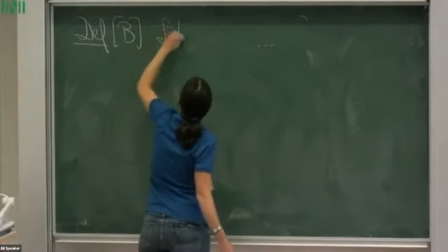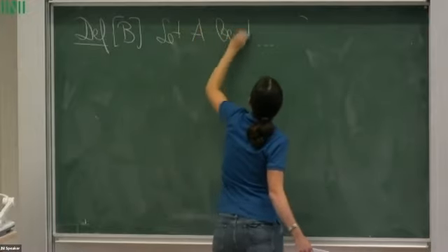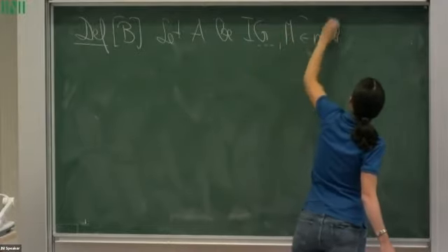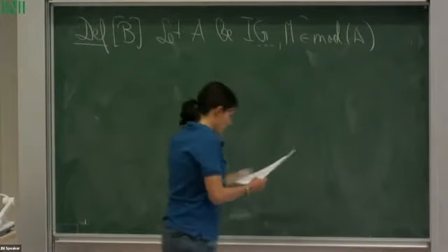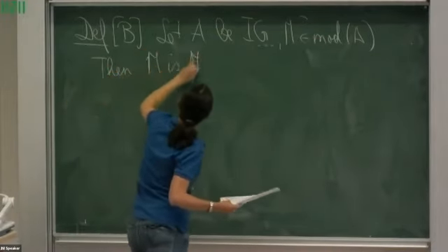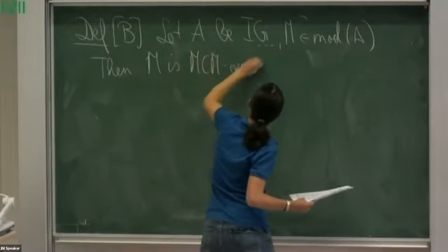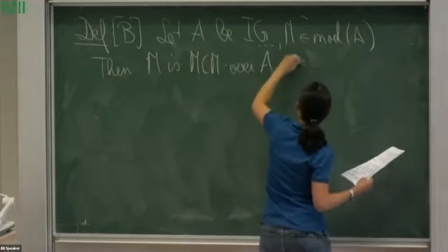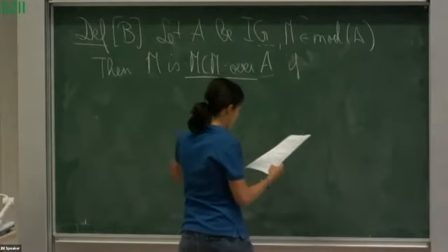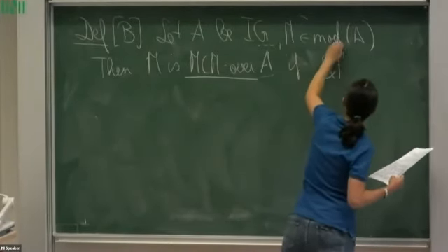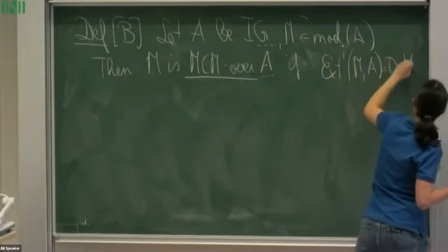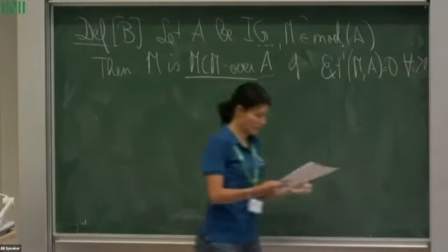Namely, if we have A Iwanaga Gorenstein and M a finitely generated A module, then M is MCM over A by definition if Ext^i(M, A) is 0 for all i greater than 0.